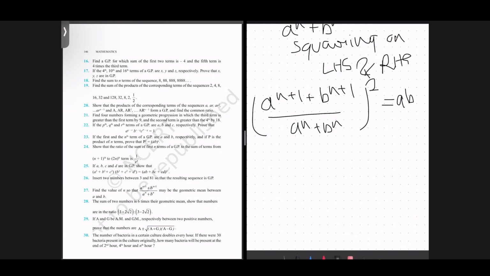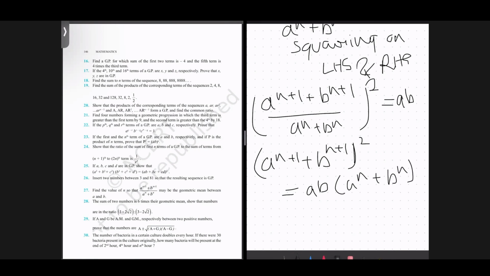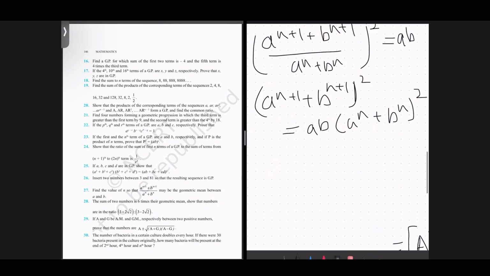So what we now get is (a raised to the power n plus 1 plus b raised to the power n plus 1) whole squared equals ab times (a raised to the power n plus b raised to the power n) whole squared. Correct. Now opening up the terms inside the square, what we are left with is a raised to the power 2n plus 2.